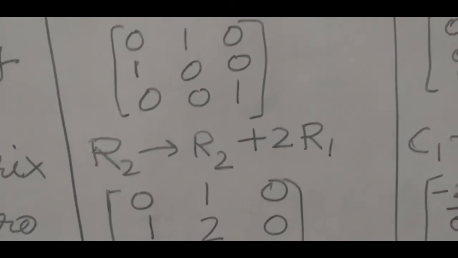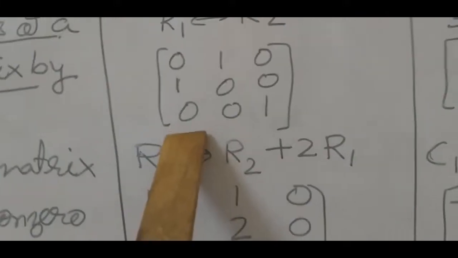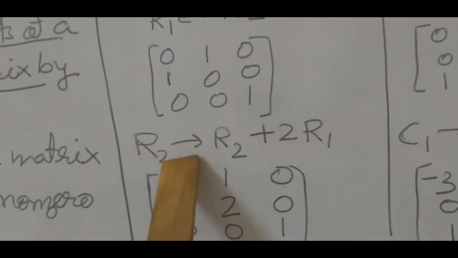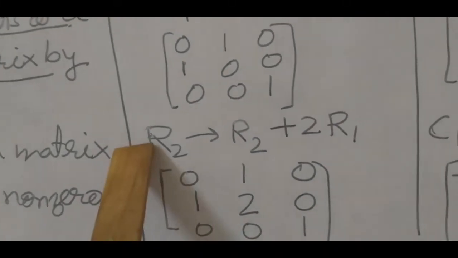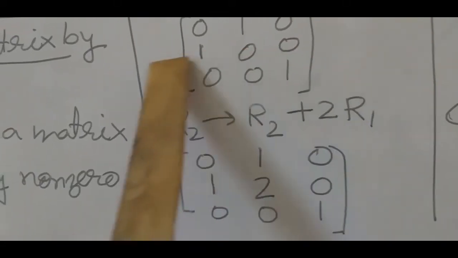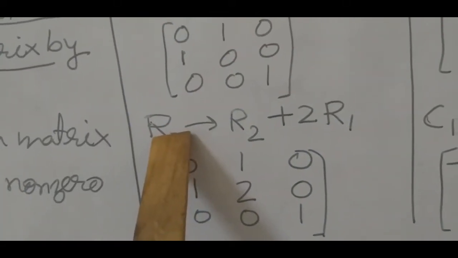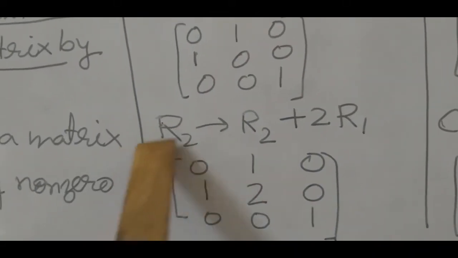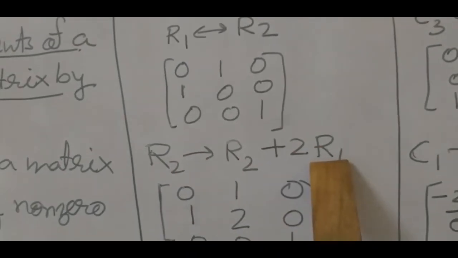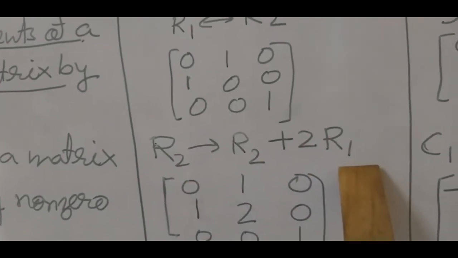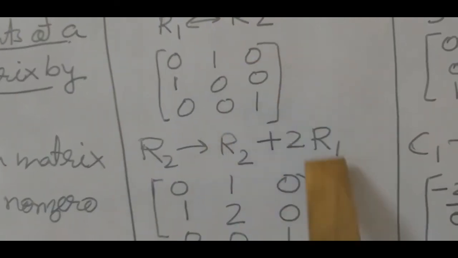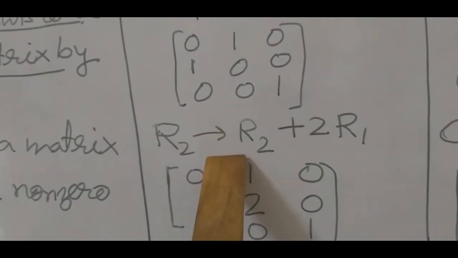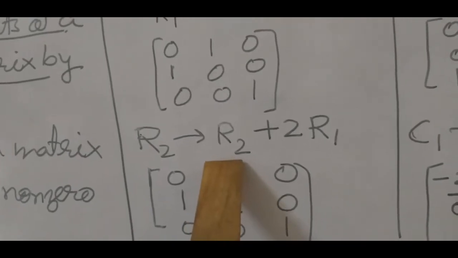Now I am going to use one more operation, students, in this. I am going to change R2. Okay. So R2 tends to R2 plus 2R1. This is what I am going to apply. So first row is multiplied by 2, then it will be added in R2.